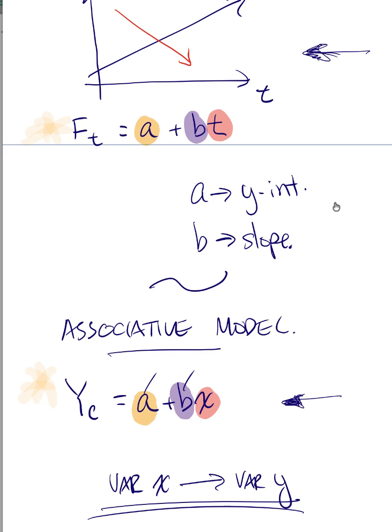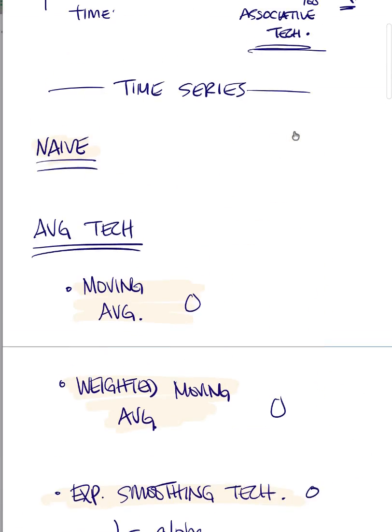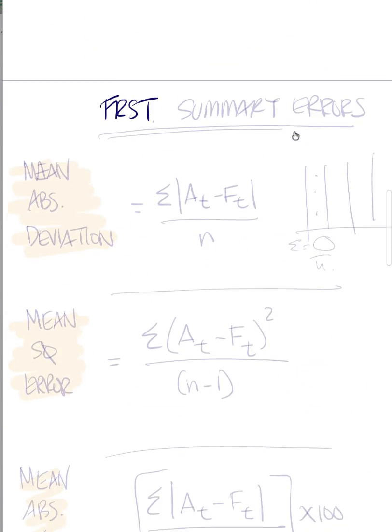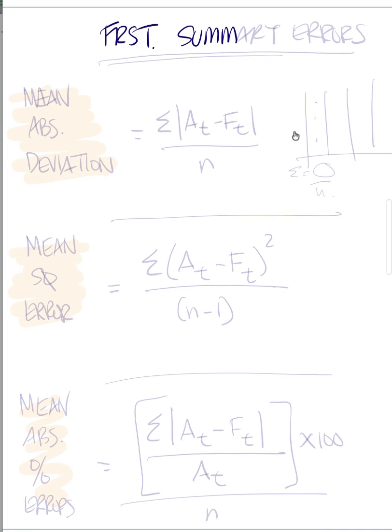And then finally, with the forecasting techniques, we had talked about the various forecasting accuracy techniques. We also call them summary errors. The first one that we talked about was the mean absolute deviation.